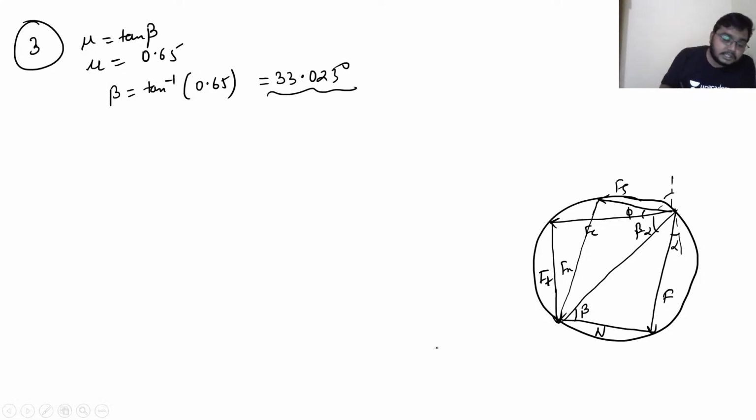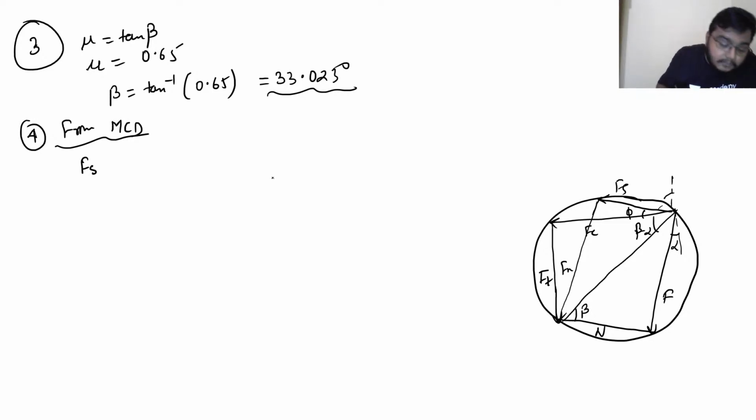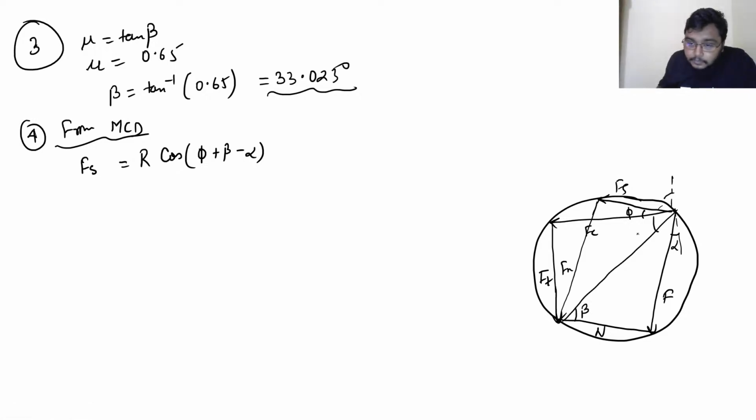From this merchant circle diagram, what we can see is that Fs is equal to R cos of phi plus beta minus alpha.